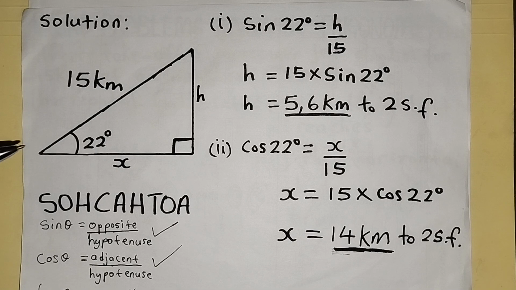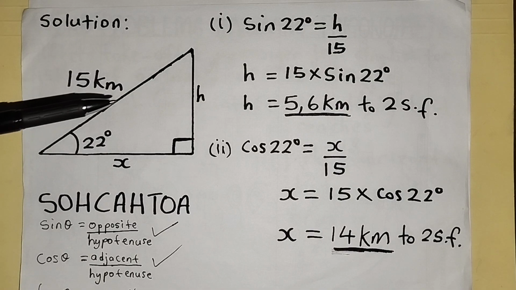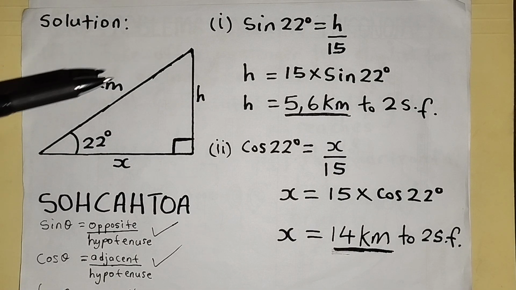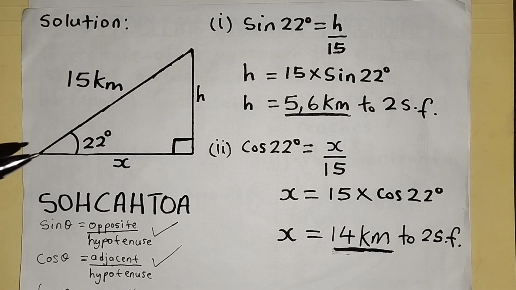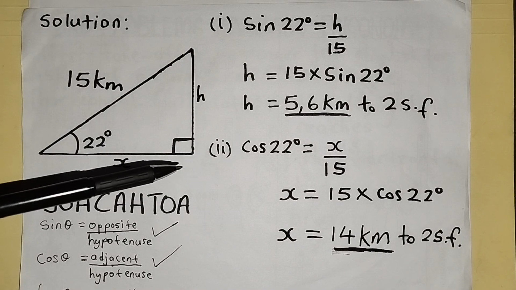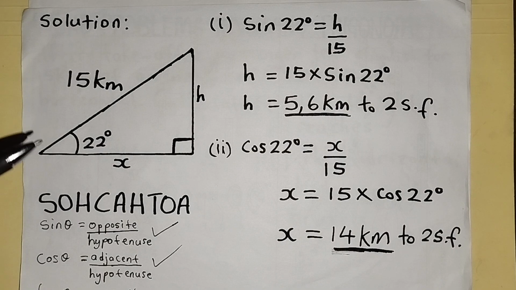So the question says that the aeroplane or the jet climbs for 15 kilometers, as you can see, maintaining an angle of 22 degrees to the horizontal.